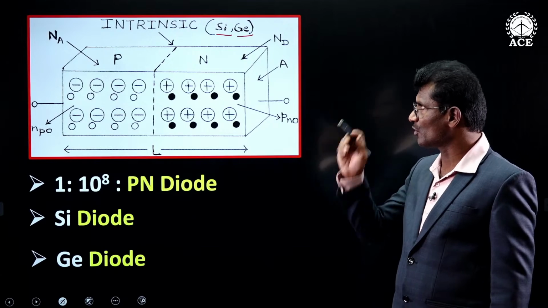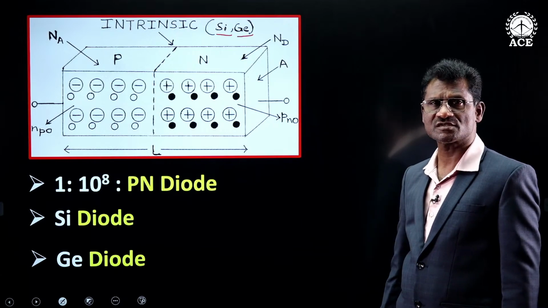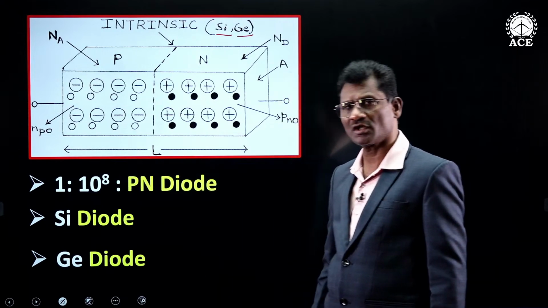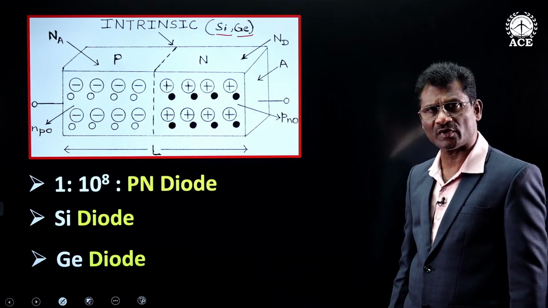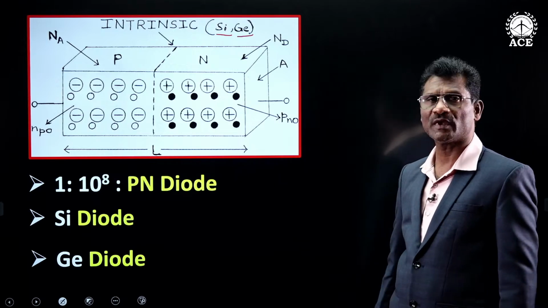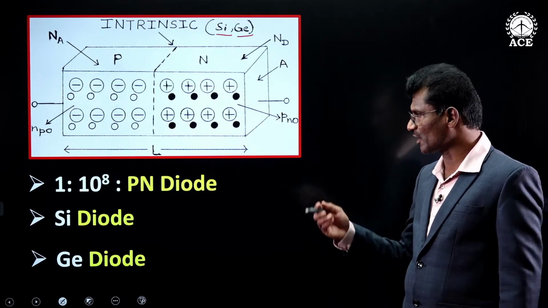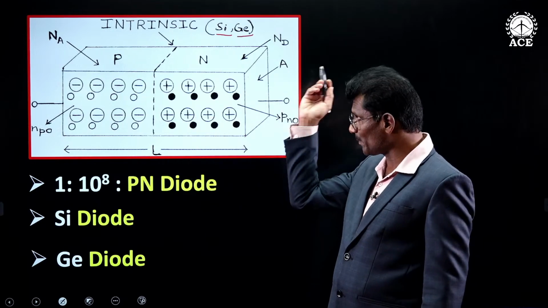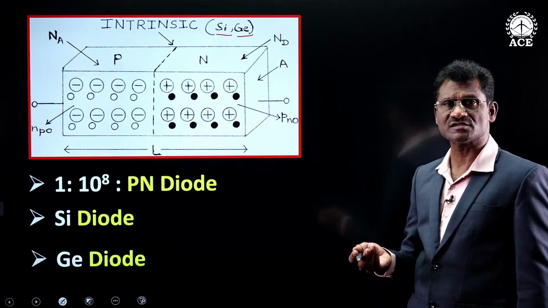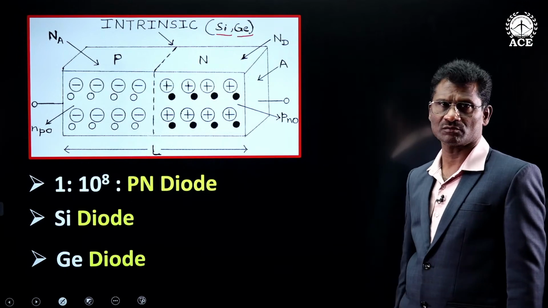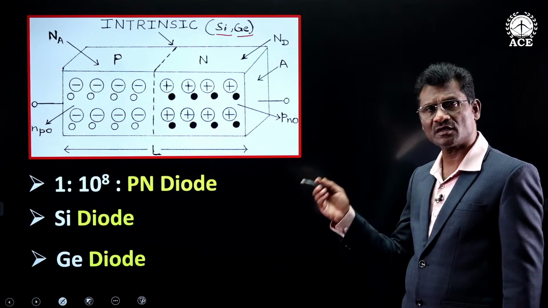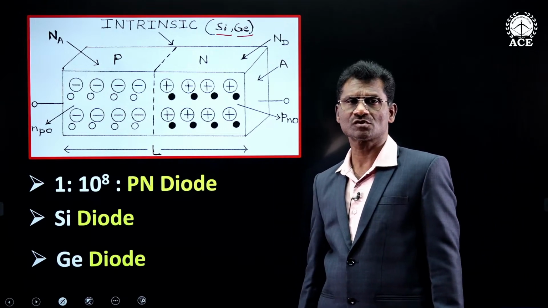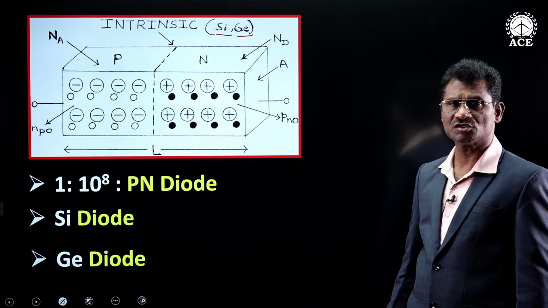In general, if the doping ratio is 1:10 power 8, it is called a PN diode. As I said earlier, as doping concentration increases, the same PN junction could be called a Zener diode or tunnel diode. Of these, the Zener and tunnel diodes are heavily doped, also called degenerate.